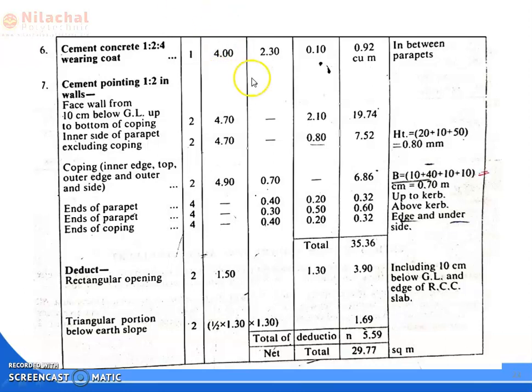The breadth is 2.30, also equal to the roadway breadth, and the height is 0.10, as already mentioned in the diagram, 10 cm thick bearing course. After multiplying number into length into breadth into height, we get the quantity 0.92 cubic meter, because the unit is meter, so the unit is cubic meter.